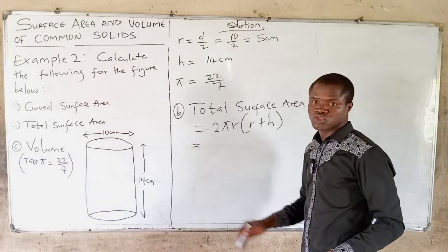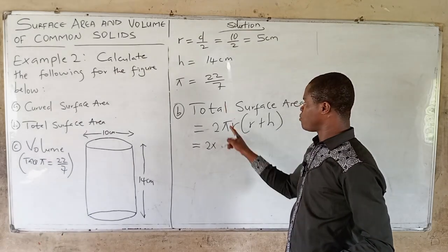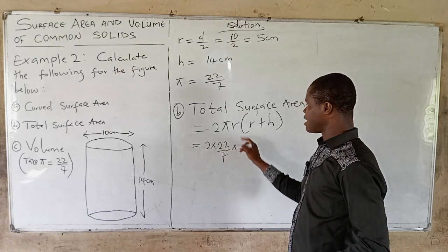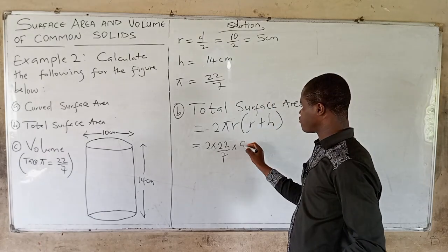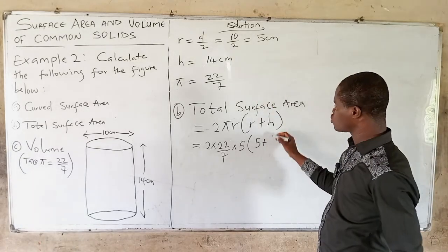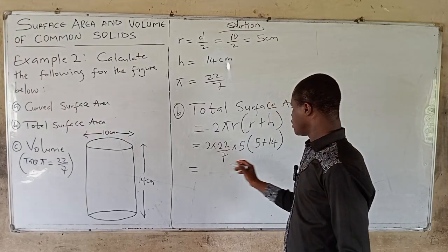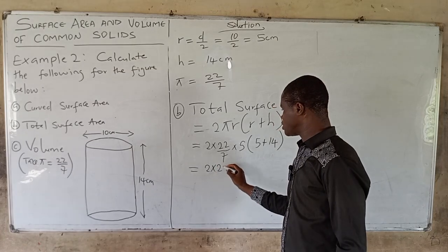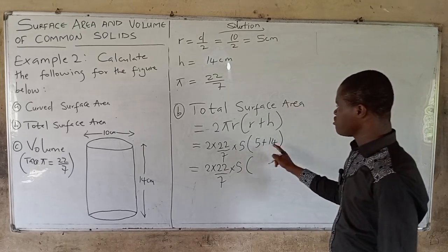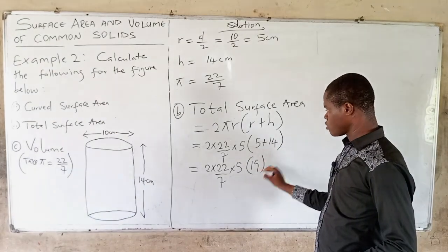So let us substitute appropriately. It becomes 2 times r. Pi is what? 22 over 7 times r is what? 5. Bracket r is what? 5 plus h is what? 14. So this will give us 2 times 22 over 7 times 5 bracket 5 plus 14 will give us what? 19.